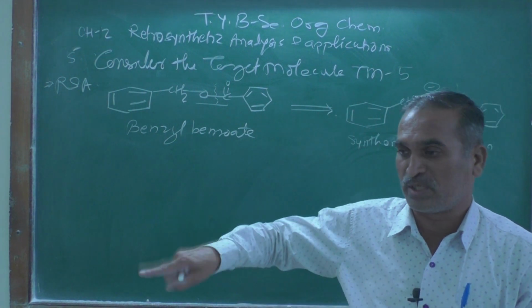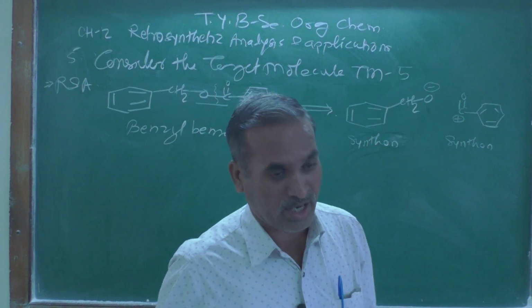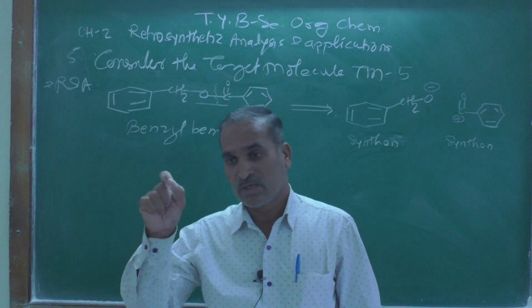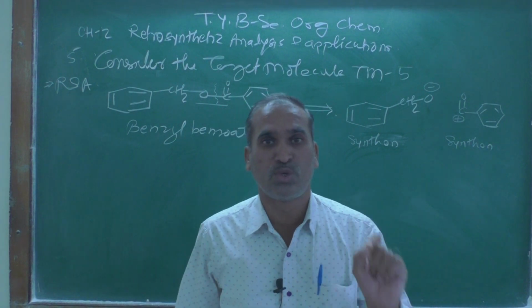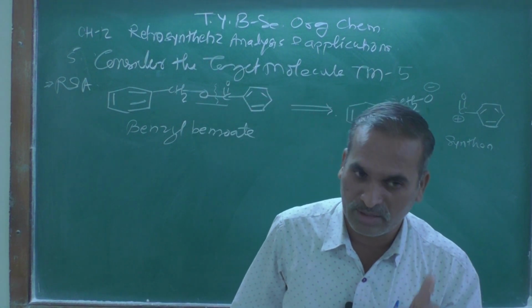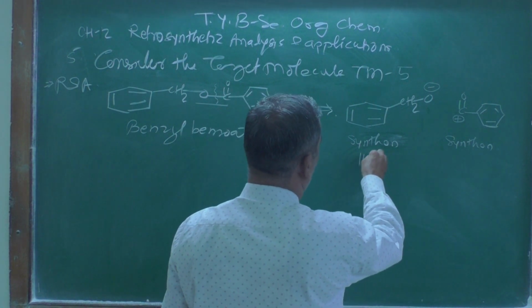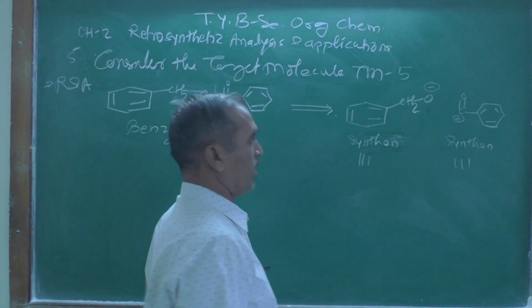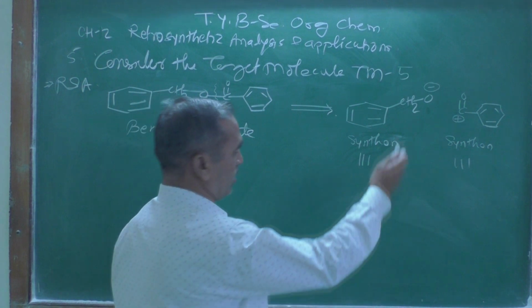Every synthon must have a synthetic equivalent, and what does synthetic equivalent mean? The reagent carrying out the function of the synthon is known as the synthetic equivalent. Got it? They are represented by three lines that indicate a synthetic equivalent.